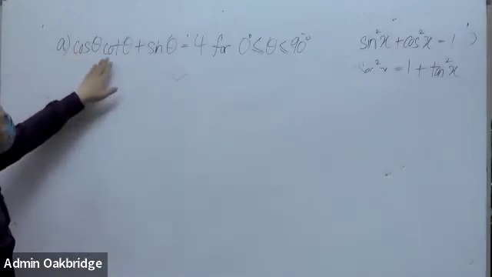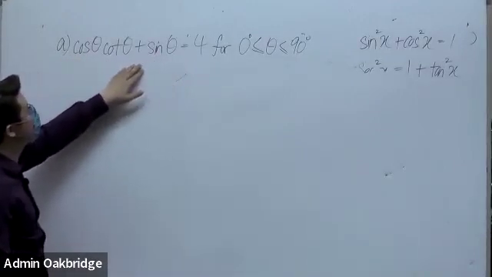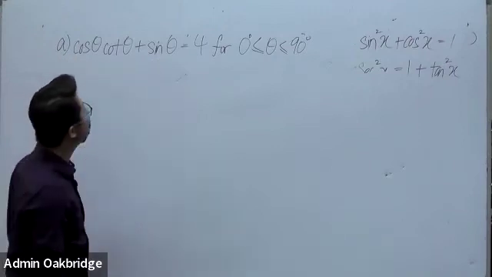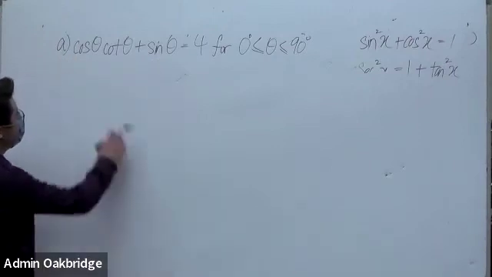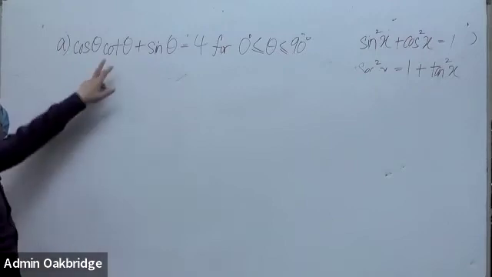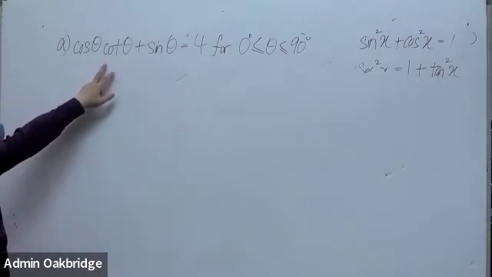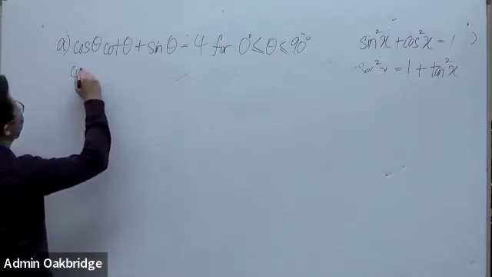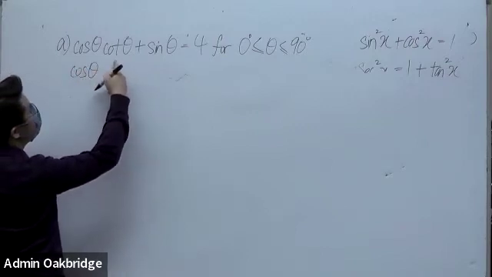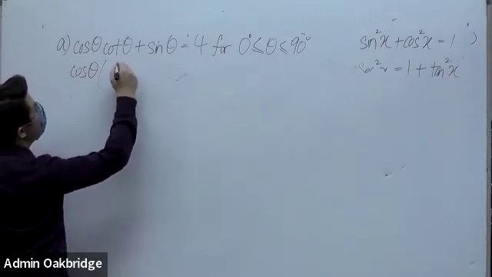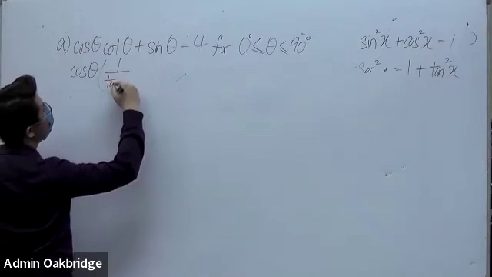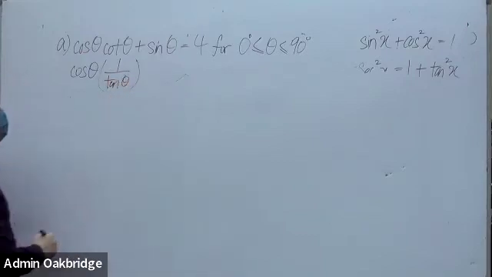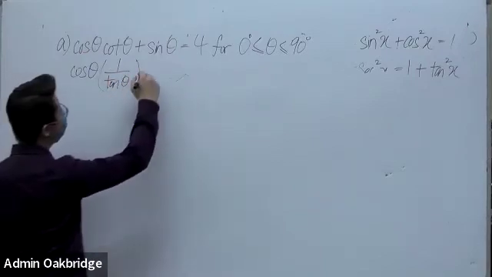We have cos, we have tangent, we have sine. These three trigo functions here. So first of all, you change what? The reciprocal function to the original one. So cos theta, you can change this cot to 1 over tangent. And then plus sine.